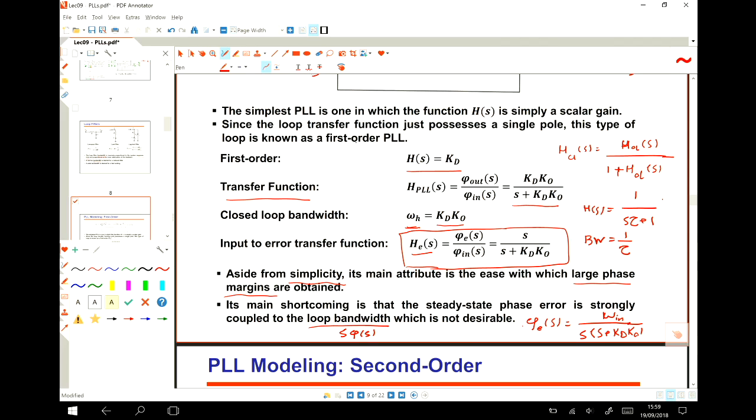So s phi s equals omega in divided by, I want to write j omega instead of s.